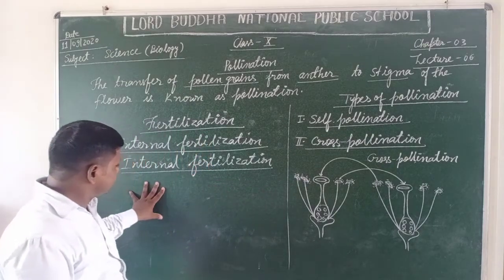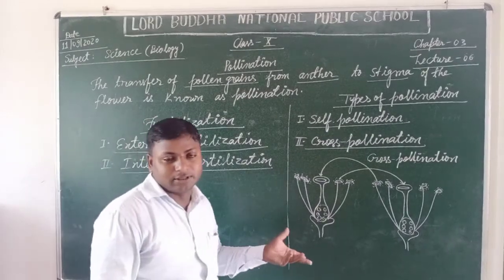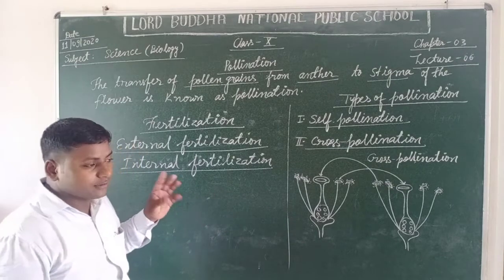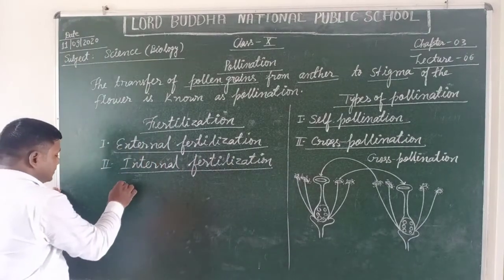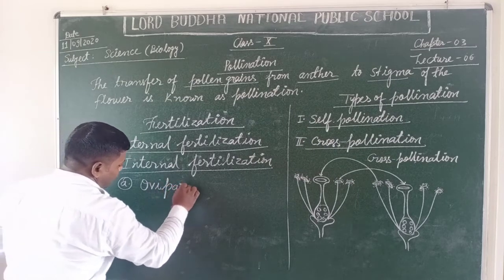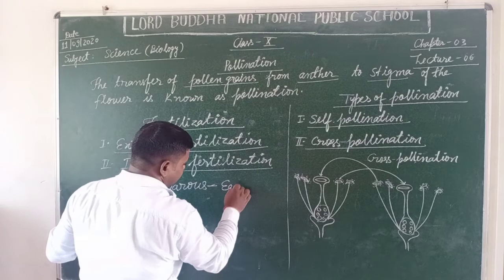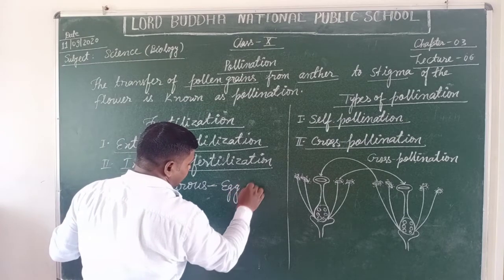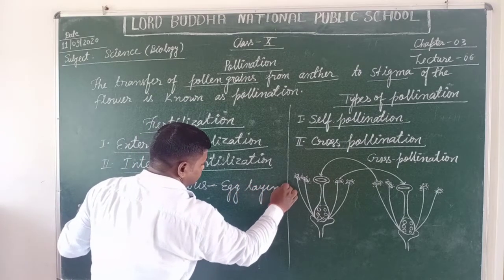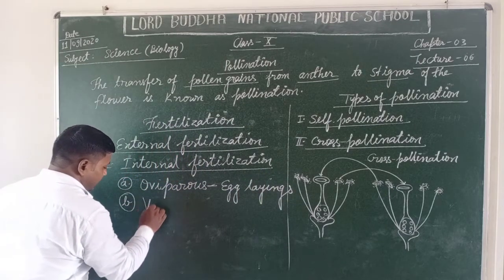And students, if we talk about the kinds of animals on the basis of internal fertilization, then there are two types. The first is oviparous. They are commonly called egg-giving or egg-laying animals. And the second one is viviparous.